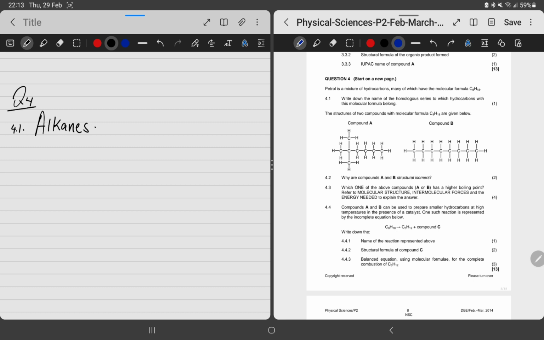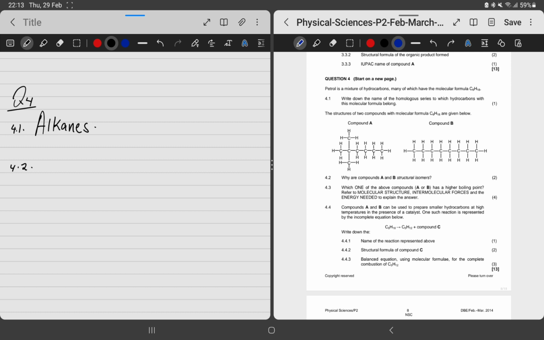The structures of two compounds with the molecular formulae C8H18. So both of them have C8H18 molecular formulae. Okay, 4.2. Why are compounds A and B structural isomers? Well, they both have the same molecular formula, but different structural arrangement of what?